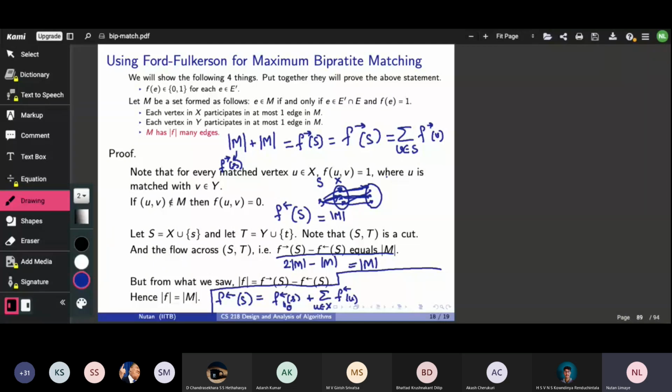We defined for any vertex set U of a graph, the flow leaving capital U to be the sum over little u in capital U of flow leaving u. This was the definition. This is also posted on the slides now in detail. Does that clarify your doubt, Sudhansh? Yeah, good.